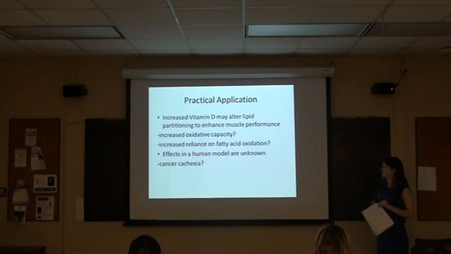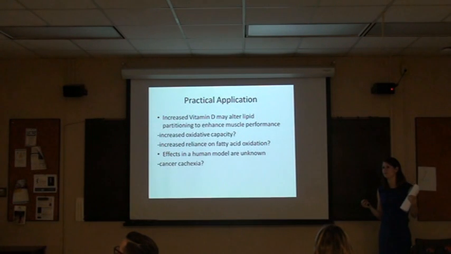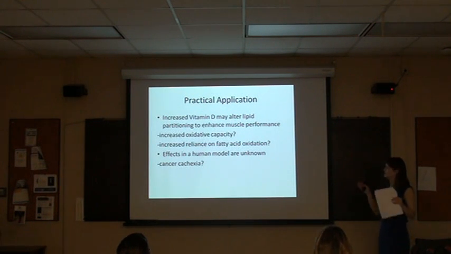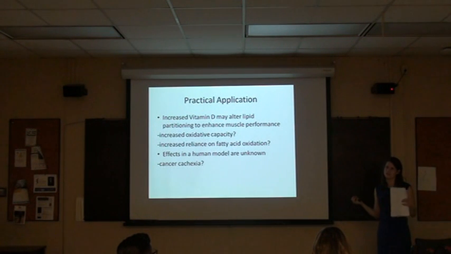I think essentially they can be, if you think about increased oxidative capacity with the change in storage and increased reliance on fatty acid oxidation. So again, question marks after it because it's how we think it could be applied, not necessarily a proven thing. Secondly, the effects in a human model, like taking our study to a human model, are still unknown.